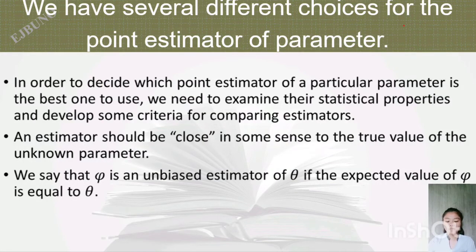In order to decide which point estimator of a particular parameter is the best one to use, we need to examine their statistical properties and develop some criteria for comparing estimators. An estimator should be close in some sense to the true value of the unknown parameter. We say that theta hat is an unbiased estimator of theta if the expected value of theta hat is equal to theta.